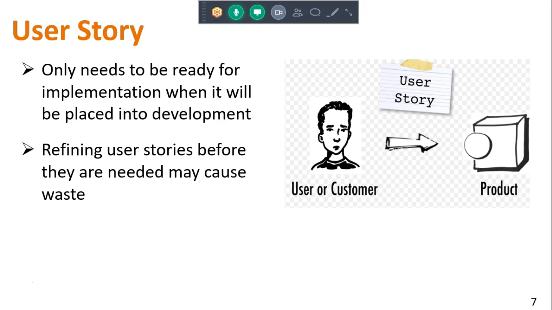But be aware that if you spend too much time refining your user stories before they're prioritized up for work, you face the prospect of having to do rework when you bring them on, or to basically waste the work that you did previously.